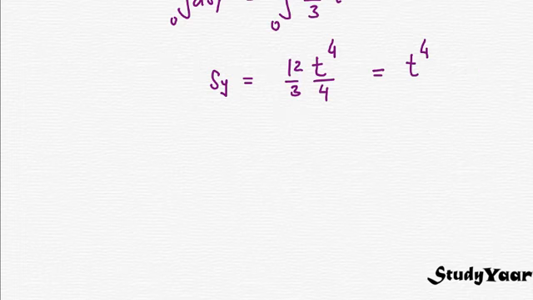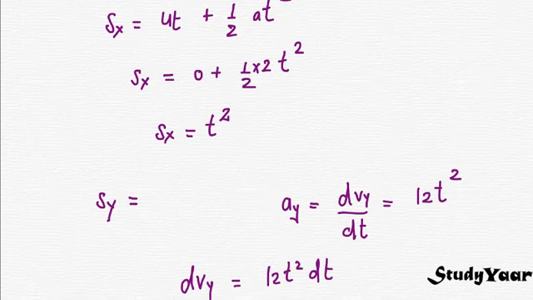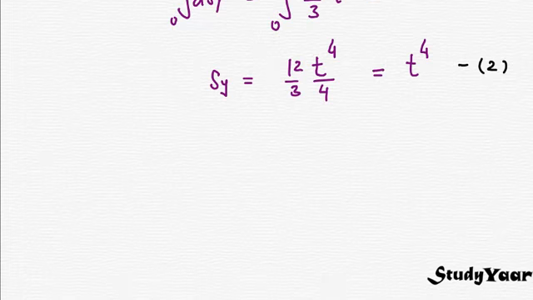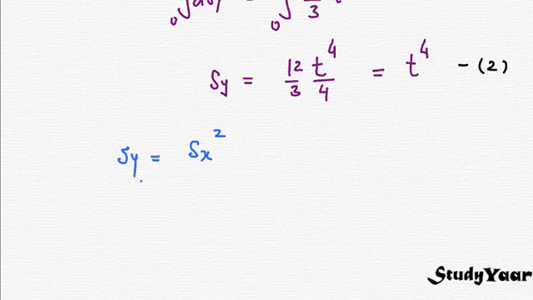Therefore, from 1 and from 2, what do you get? You get that your y or sy is equal to sx square. Look, your sx is equal to t square, so t square, the whole square, is t raised to power 4, which is your sy.